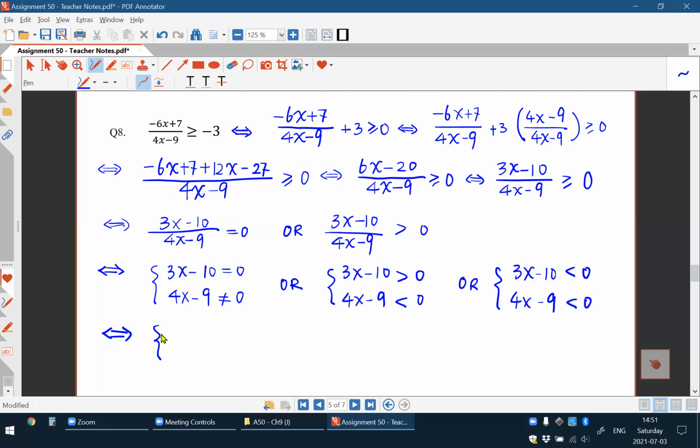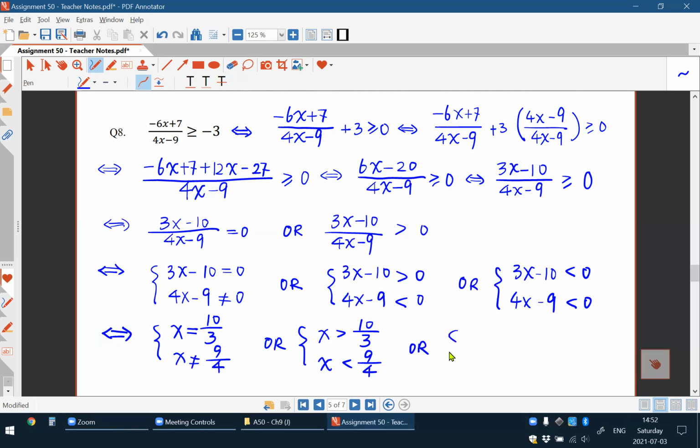Okay, so let's try to solve each of these expressions. First of all, x must be 10 over 3 and x cannot be 9 over 4. Or x is larger than 10 over 3 and x is smaller than 9 over 4.